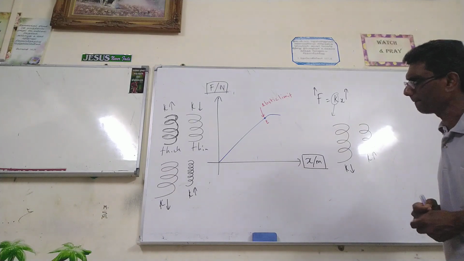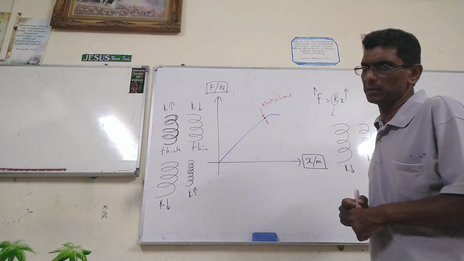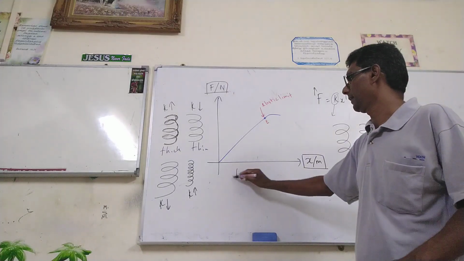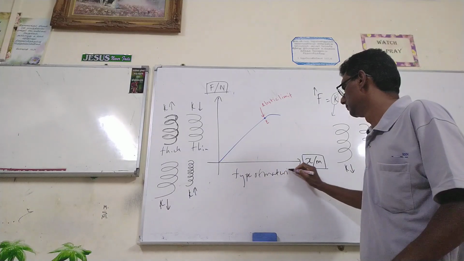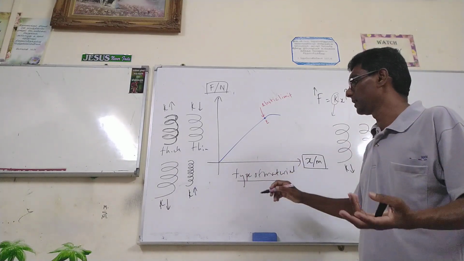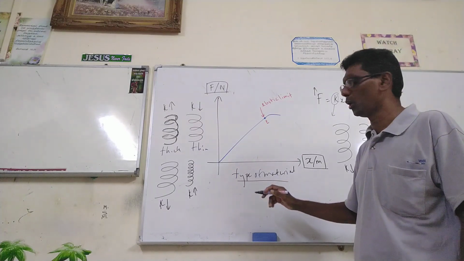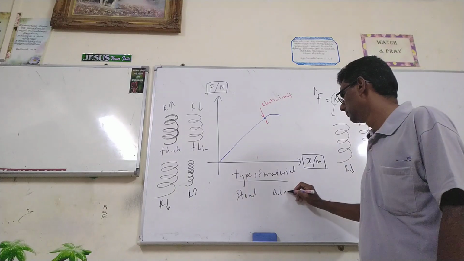And the fourth factor is the type of the material. Type of material is the fourth factor. The material is normally iron or steel, steel, aluminum.